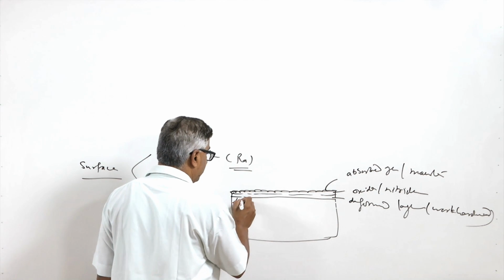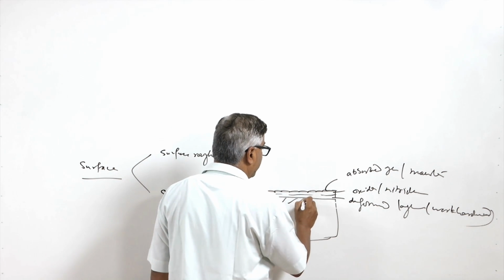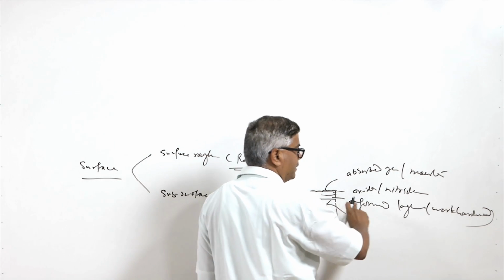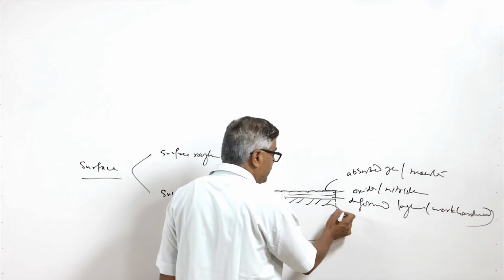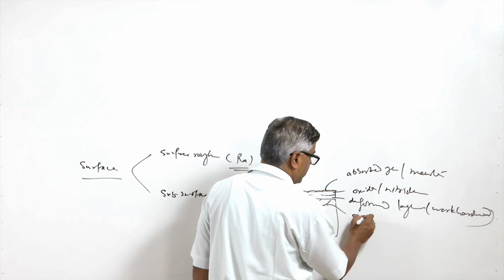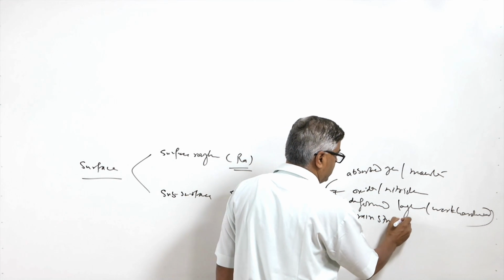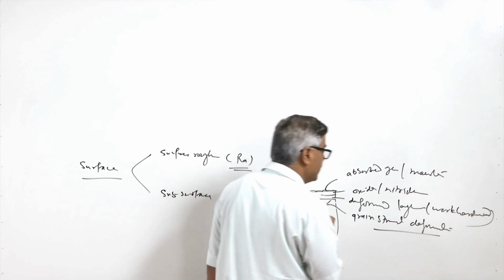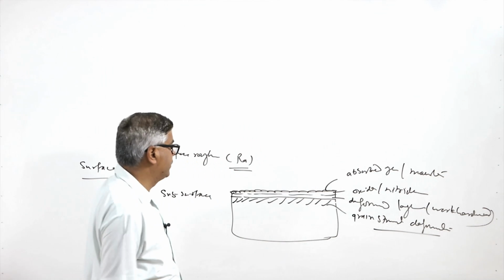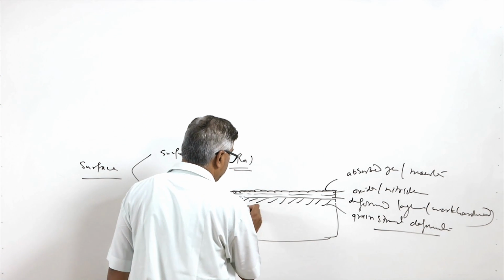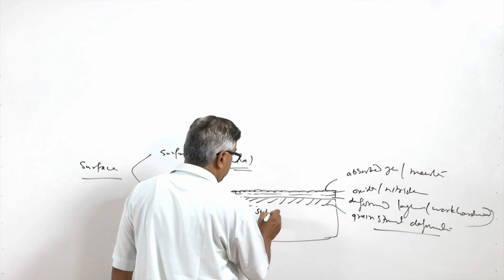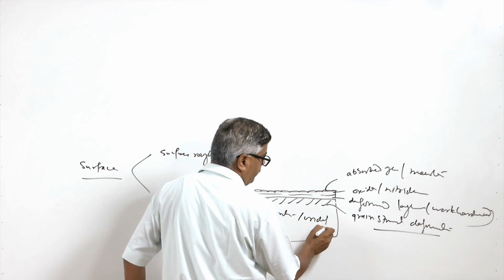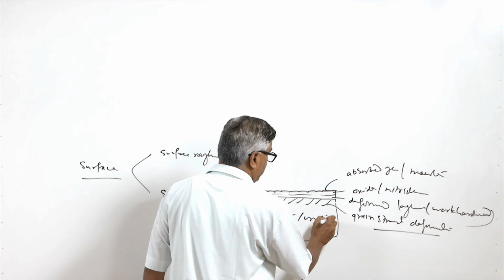Then there will be another zone having deformed grain structure. In the earlier deformed layer the grain structure is badly modified and damaged, but here the grain structure is recognizable, though in a deformed state, elongated in one particular direction. Thereafter we have the substrate or base material, the undeformed or unaffected region.